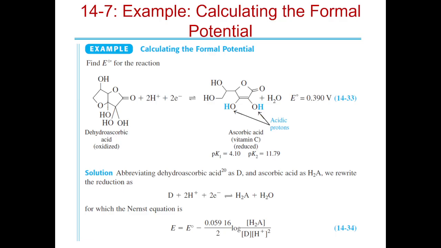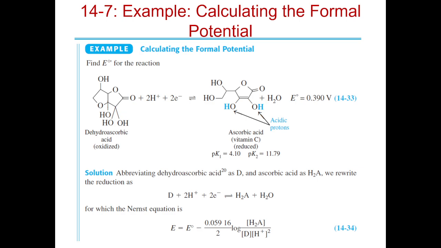But when we're talking about vitamin C, we probably are talking about some sort of physiological phenomenon. And that's definitely not happening at pH 0, is it? Okay. So what do we do with that? Well, we're going to first go ahead and abbreviate that. So we're just going to call that D, okay?